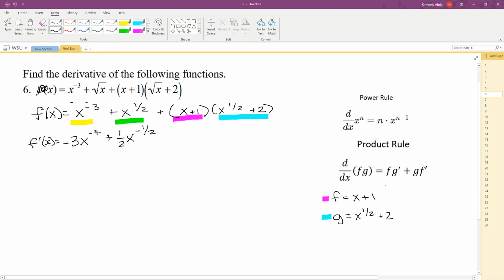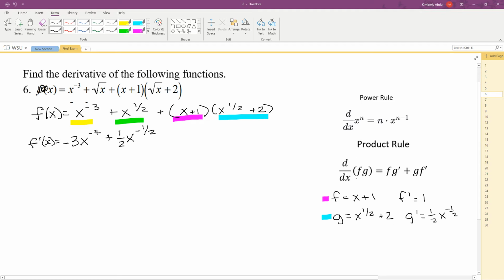So f prime here is going to be the derivative of x, which is just 1, and then the derivative of 1 is 0 because a constant has a derivative of 0. For g prime here, I'm going to take the exponent, multiply by the exponent, and then reduce the exponent by 1. So 1/2 minus 1 is negative 1/2. And then the derivative of a constant is 0.